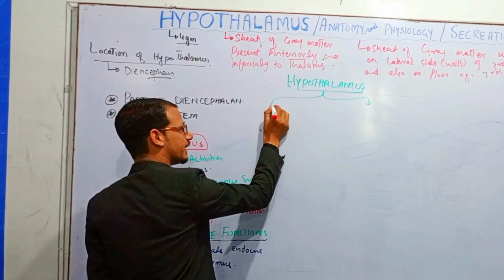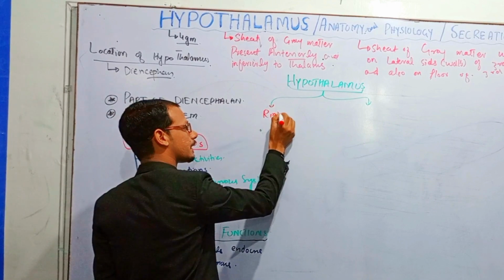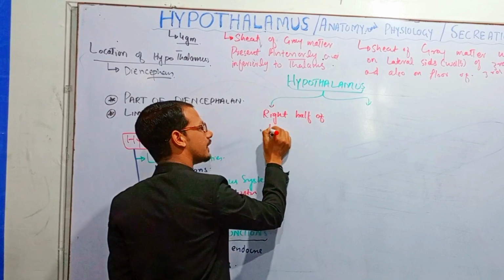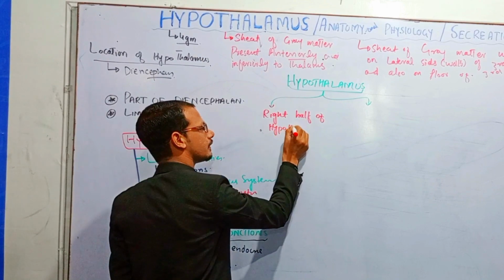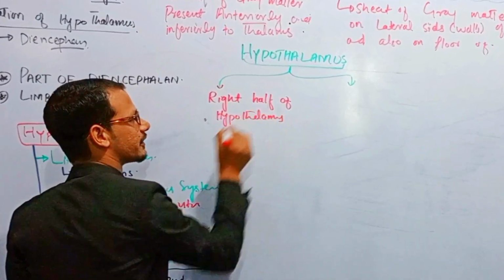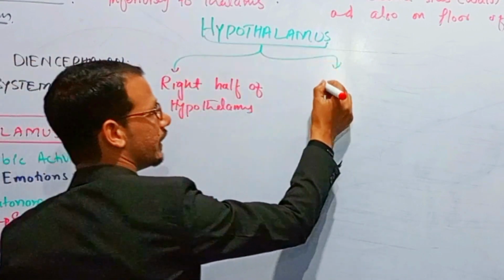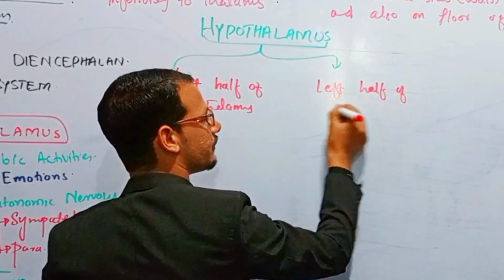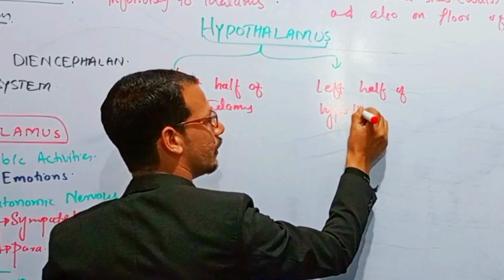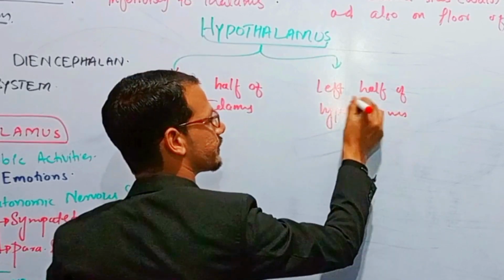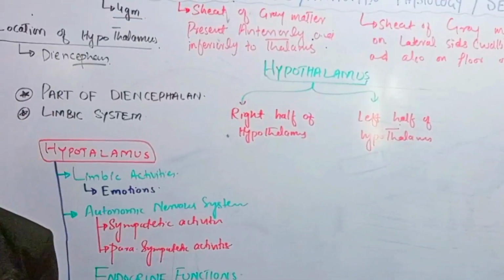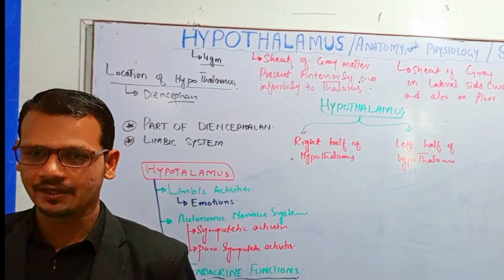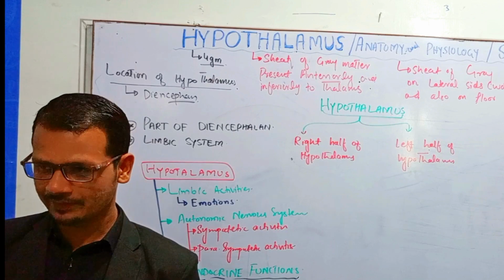Hypothalamus is divided into the right half of hypothalamus, right? And the other is the left half of hypothalamus, right? So if someone asks you what are the parts of hypothalamus, hypothalamus is divided into two main parts.